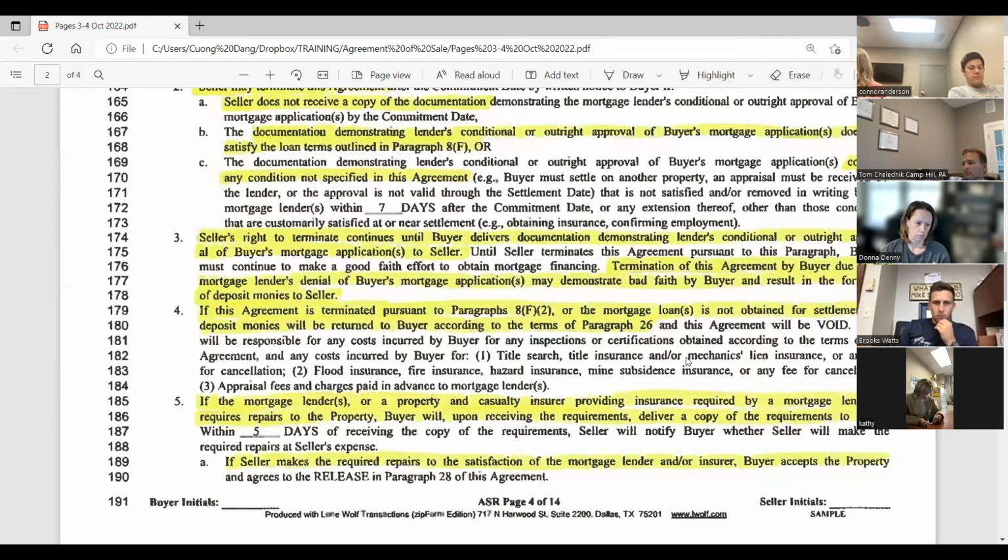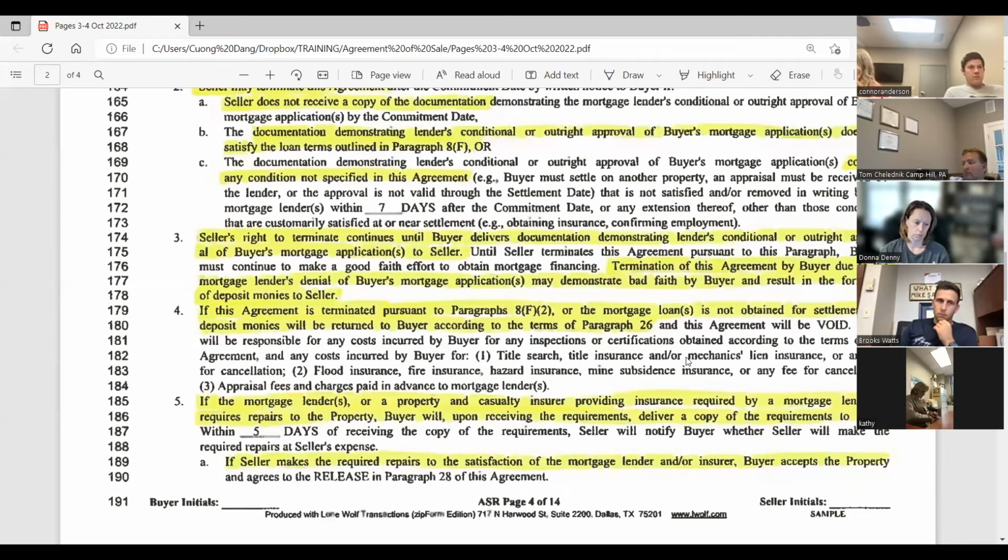So A, if seller makes the required repairs to the satisfaction of the mortgage lender and or insurer, okay, that's actually a very important sentence there. It's to the satisfaction of the mortgage lender and or insurer, okay, not to the buyer. So if they want to post a handrail and the buyer wants a vinyl one and you put in a wood one and it's okay with the lender, that's all you need, right?